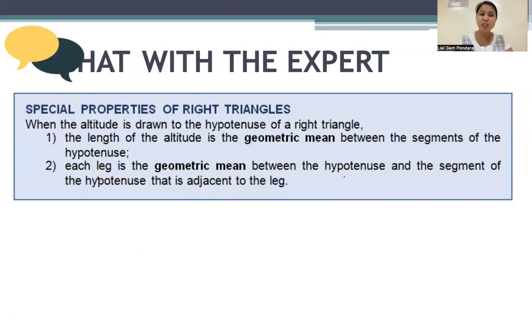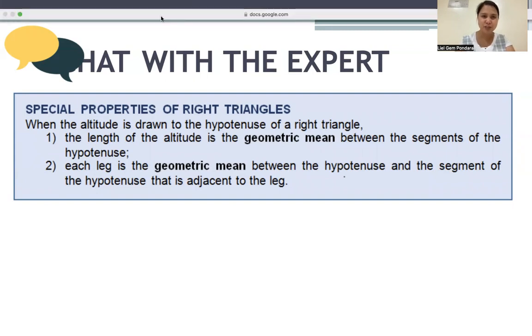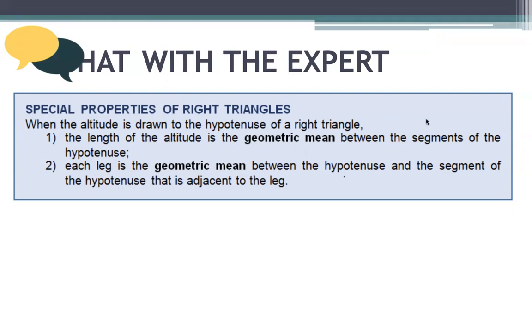Next, each leg is a geometric mean between the hypotenuse and the segment of the hypotenuse that is adjacent to the leg.